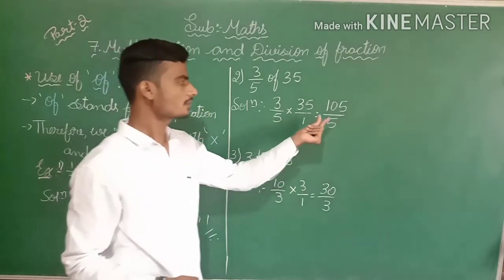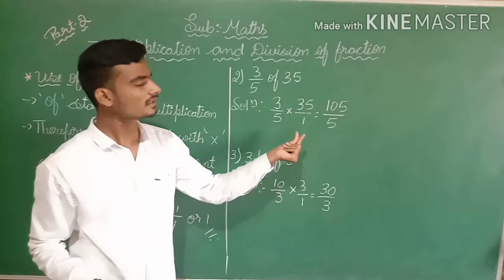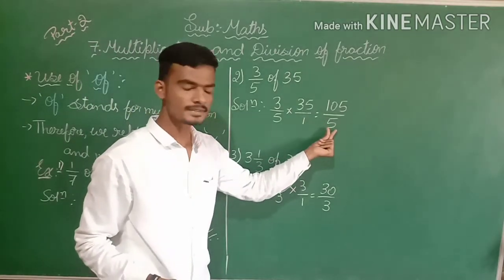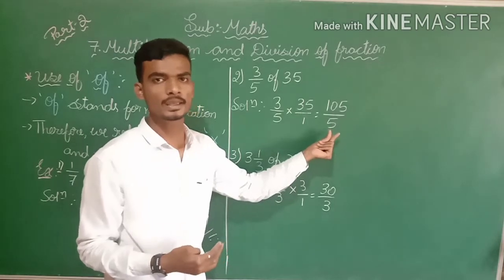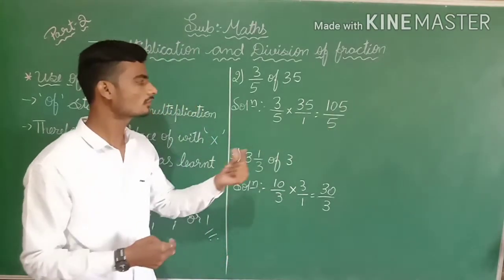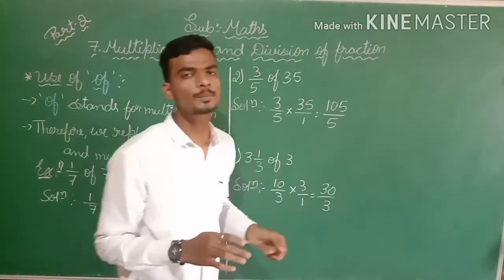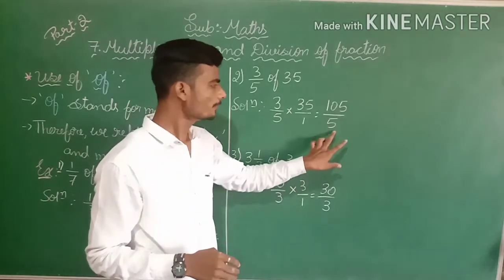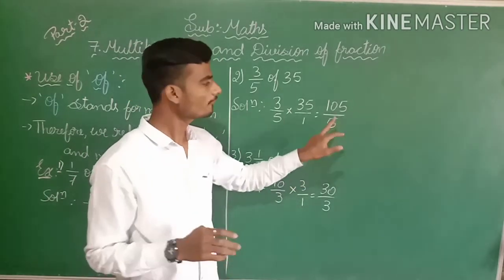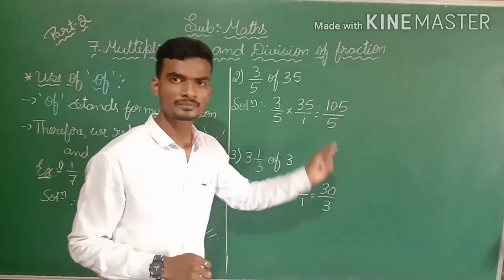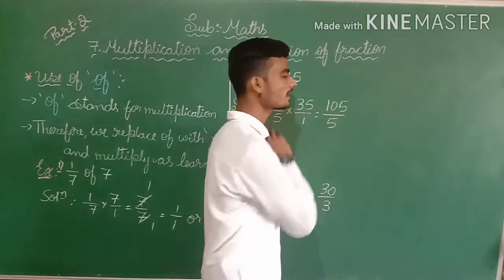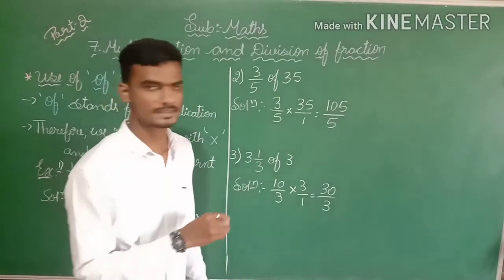Then 5 ones are how much? 5. Dear students, after writing this, you have to think whether we can reduce this into the lowest term or not. If it is not possible, you can leave it there itself. If it is possible, you must reduce this into the simplest form. Now here it is possible, is it?